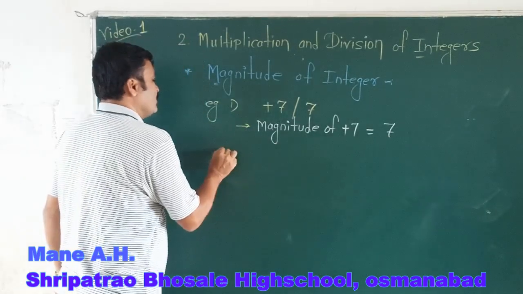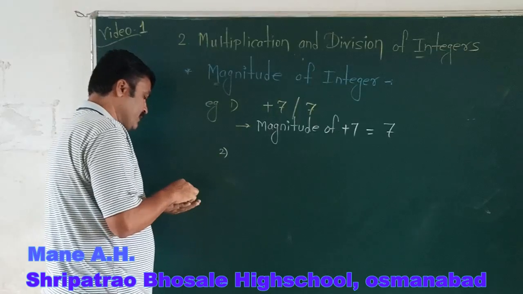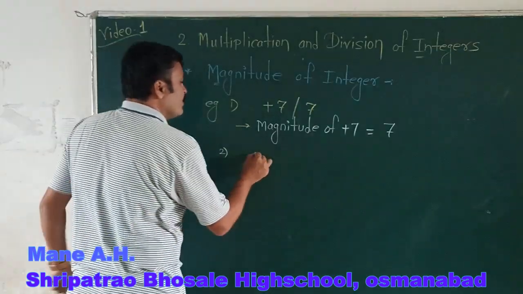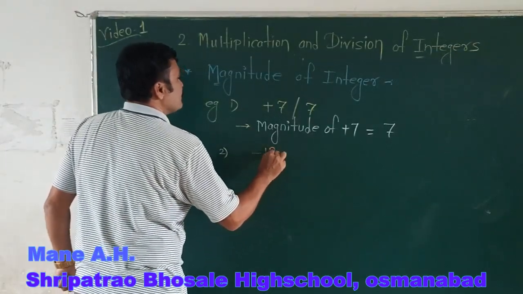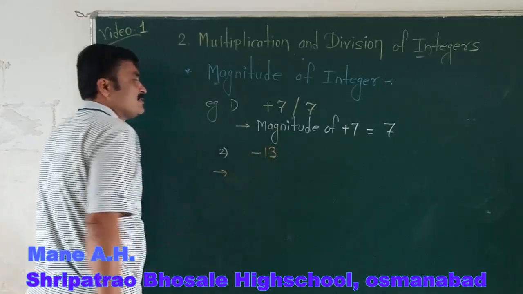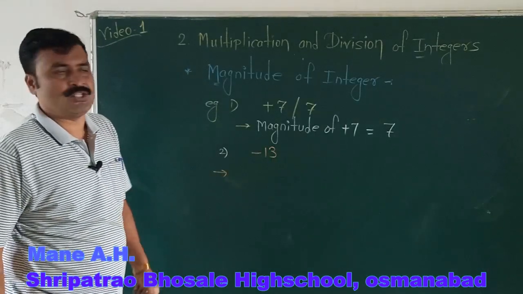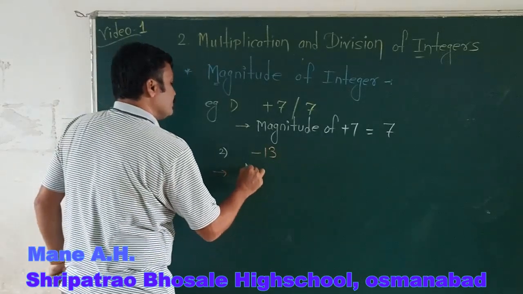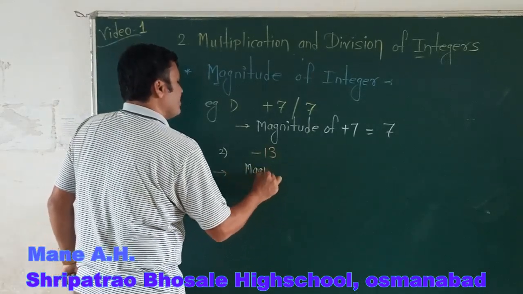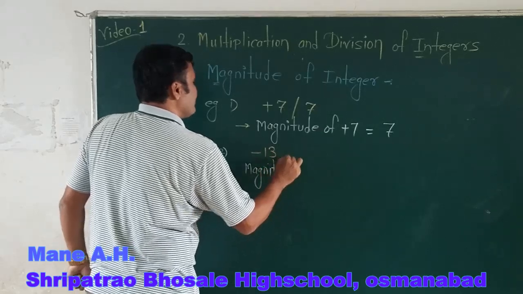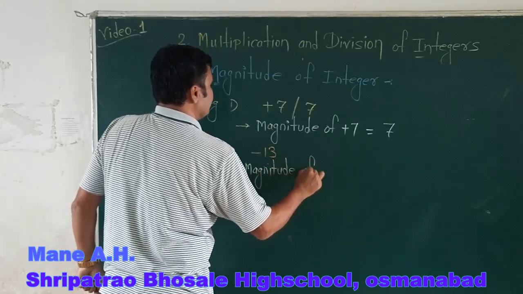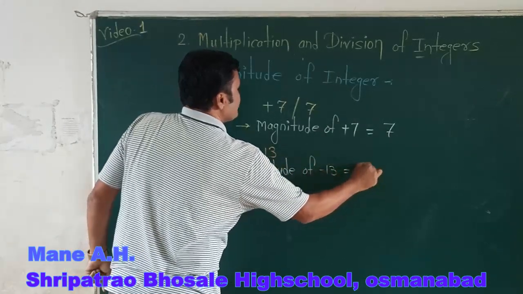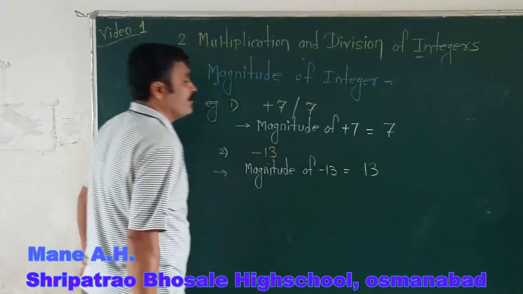Let's take another example. Second number that here I am taking in front of you is -13. This is a negative integer. So while writing the magnitude of this -13, we just write down the answer as 13 here.